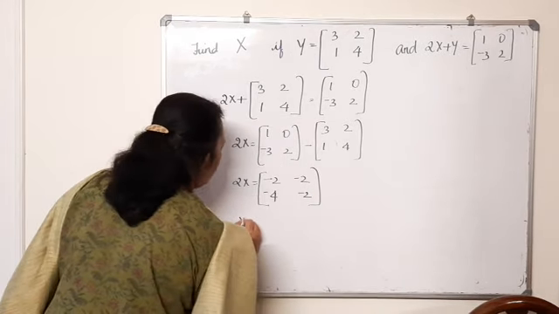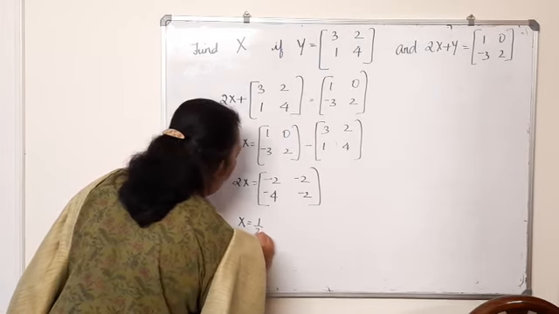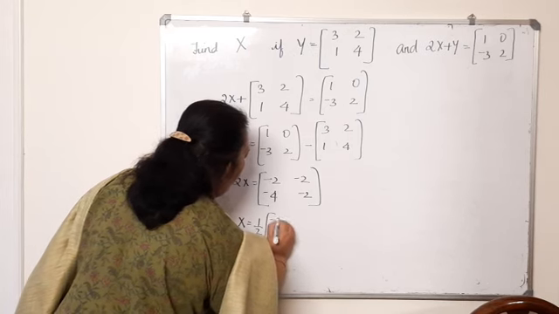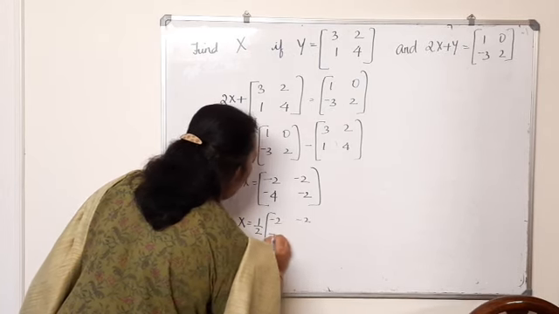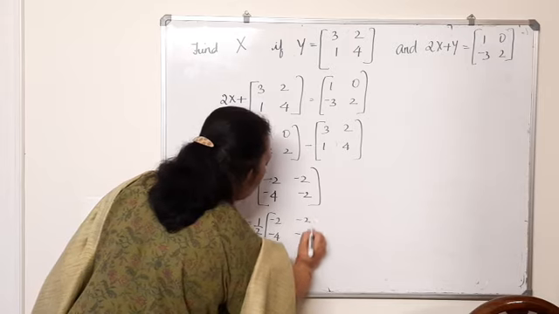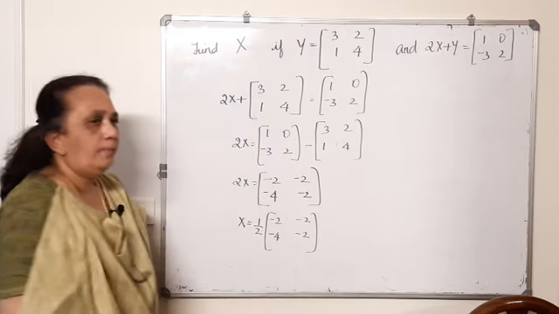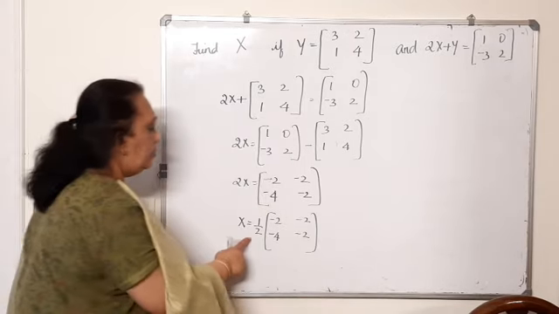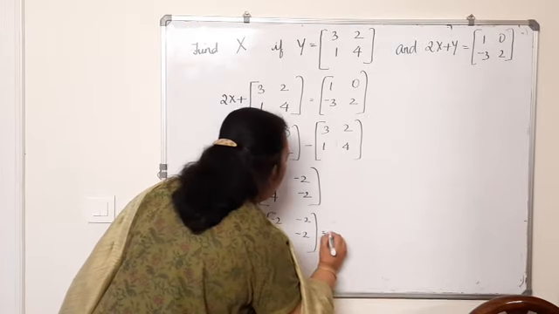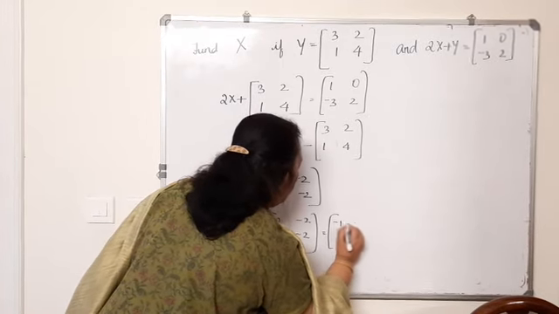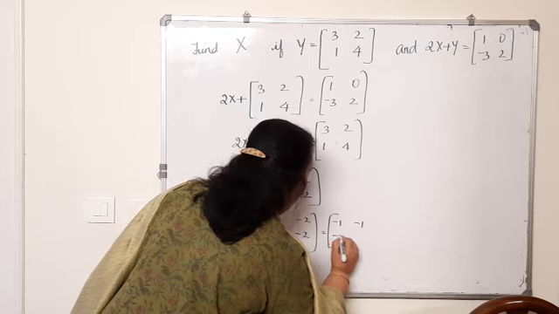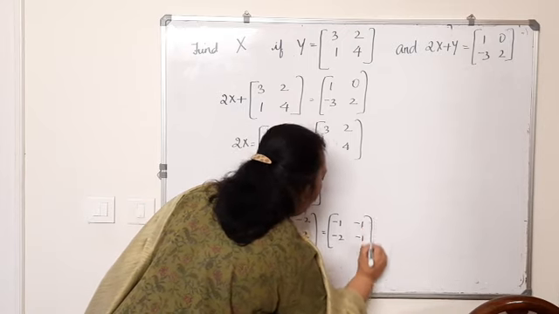So what is x equal to? 1 by 2 into minus 2 minus 2 minus 4 minus 2. That is, you have to multiply each element with minus 1 by 2. It is equal to minus 1 minus 1 minus 2 minus 1.